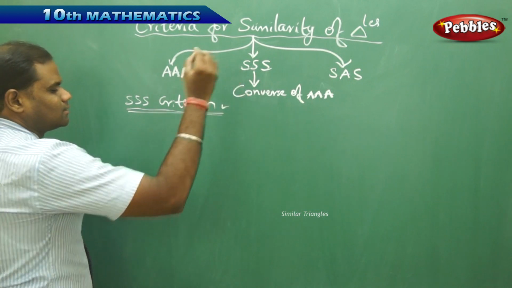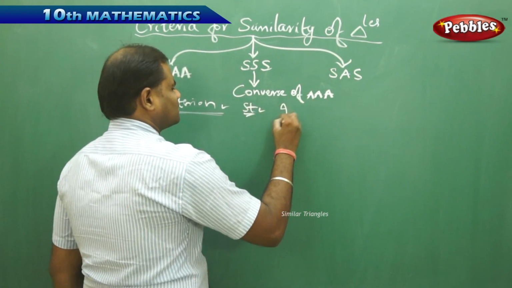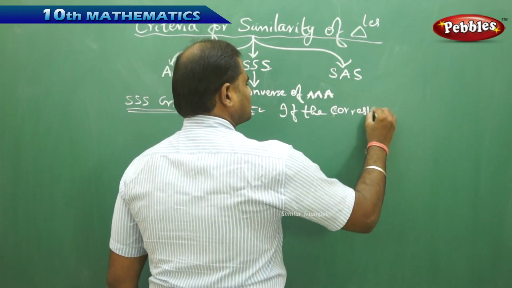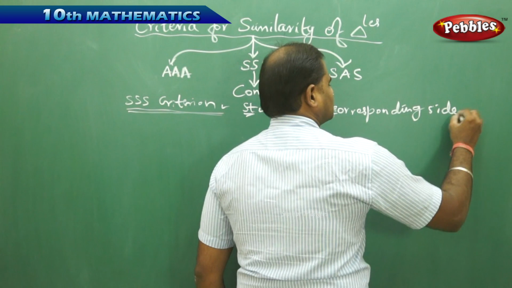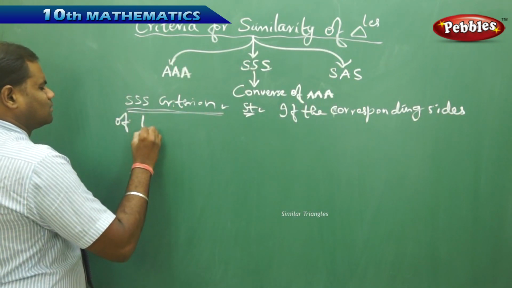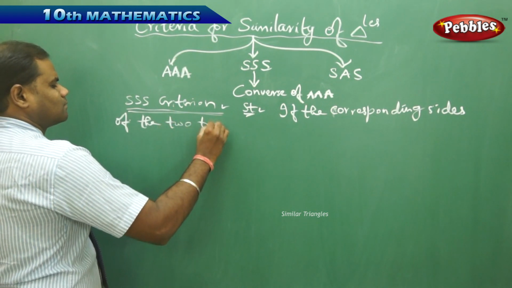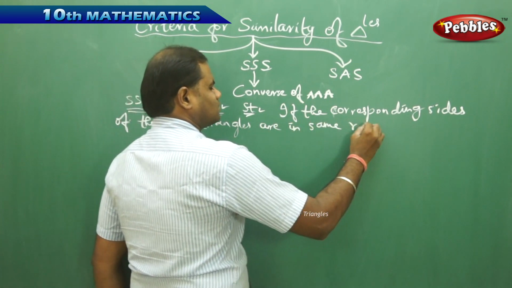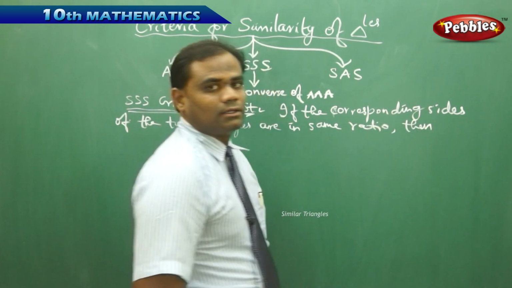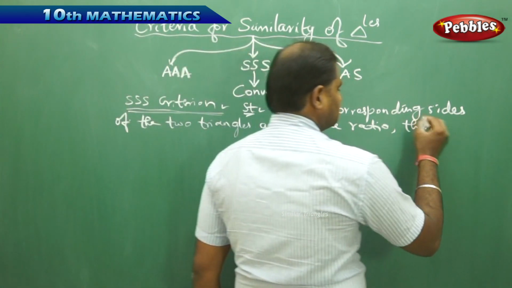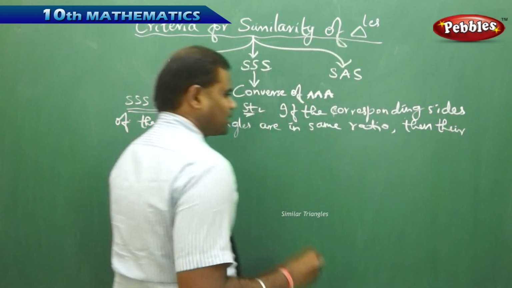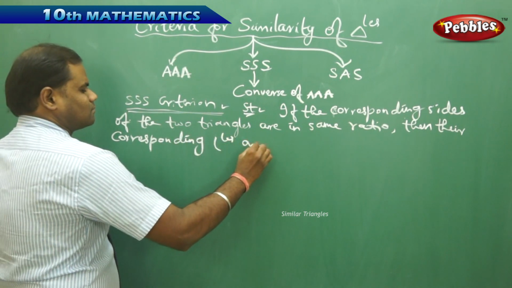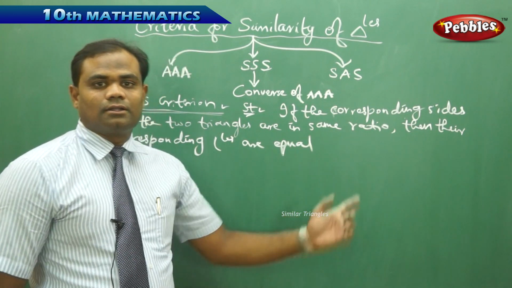So to start with, the triple S criterion for similarity of triangles says that if the corresponding sides of the two triangles are in the same ratio, then their corresponding angles are equal, and hence the two triangles are similar.